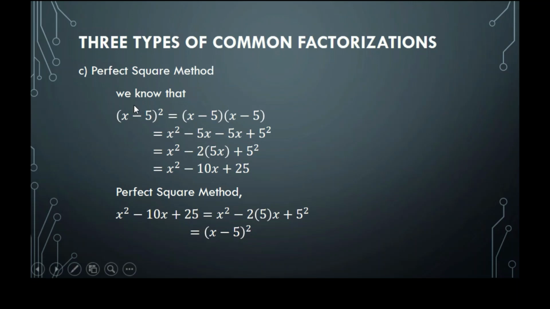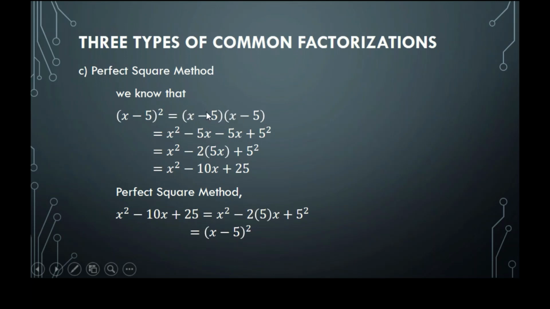The third type of factorization is called the perfect square method. We know that if we have x minus 5 squared, this will be x minus 5 multiply x minus 5. When we expand, we have x squared minus 5x minus 5x and positive 5 squared.